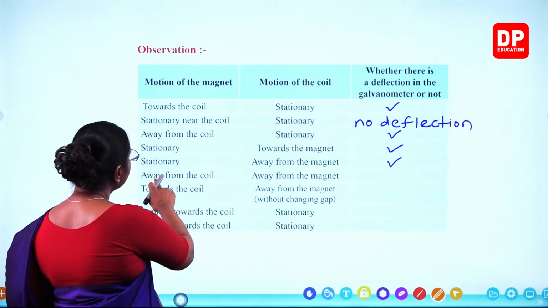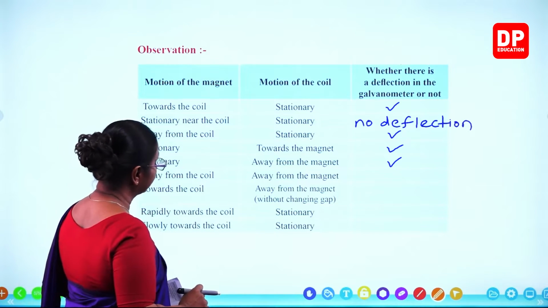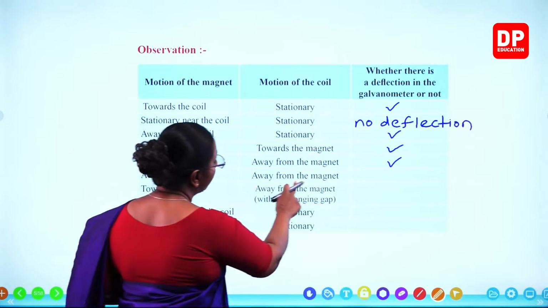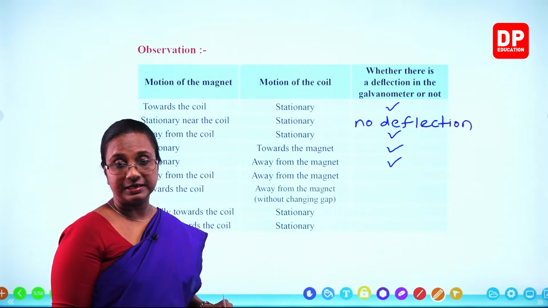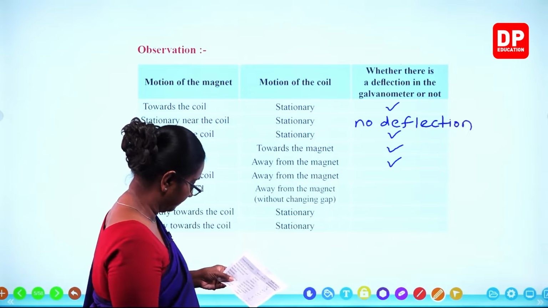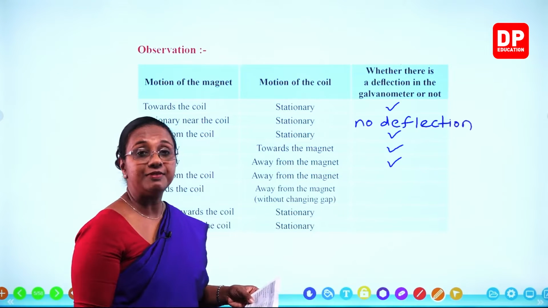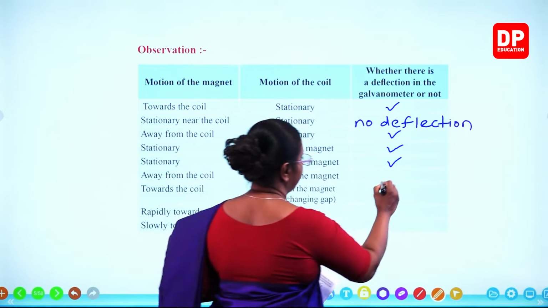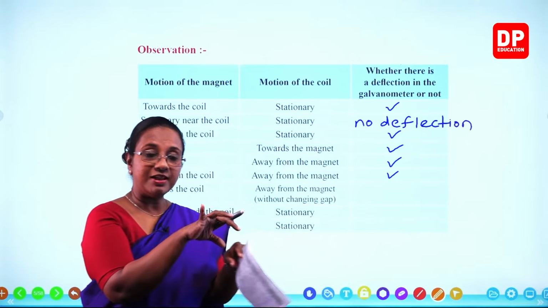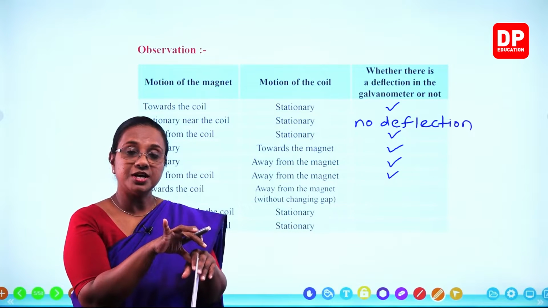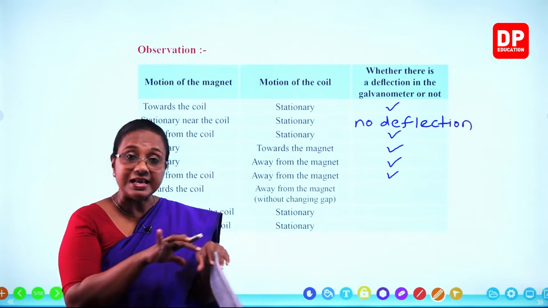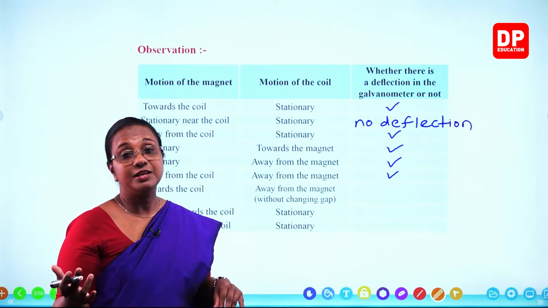Then we moved the magnet away from the coil and the coil away from the magnet. Then what happened? There was deflection. So when I had them close to each other and when I moved them, as I moved them, there was deflection.